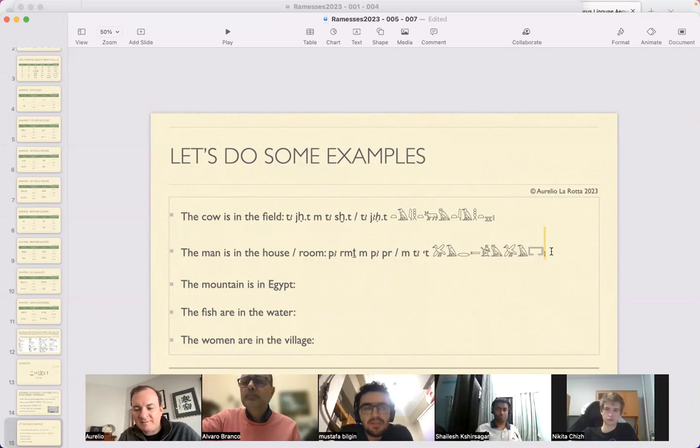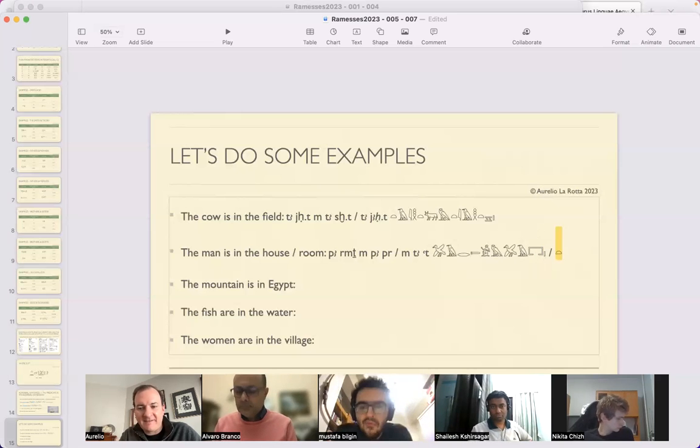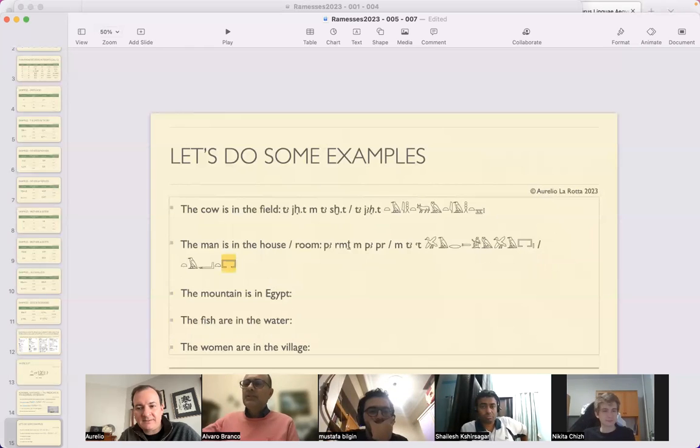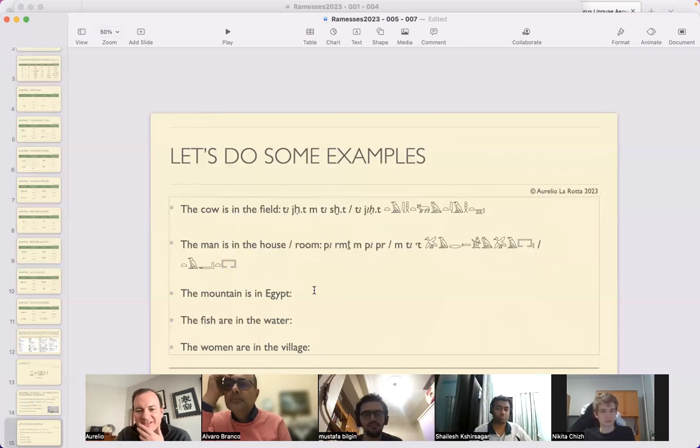Is there any possibility to use it with the female article? For per, I don't think so. At is female, I'm pretty sure, yes. Okay, should be female, so that would be something like that. Ta'at. Very good. Thank you very much. That sounds good.